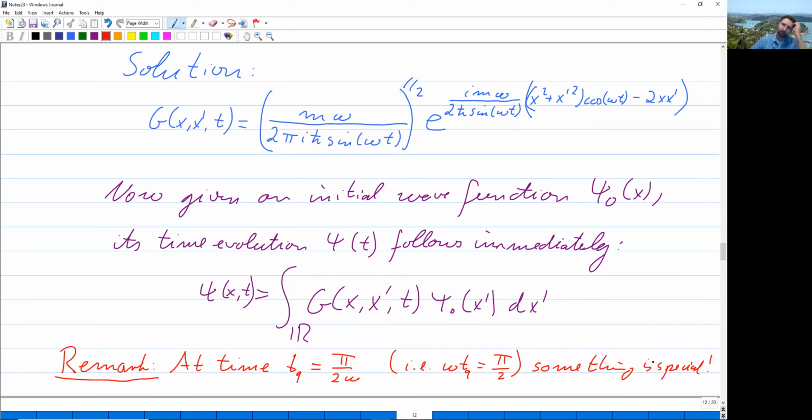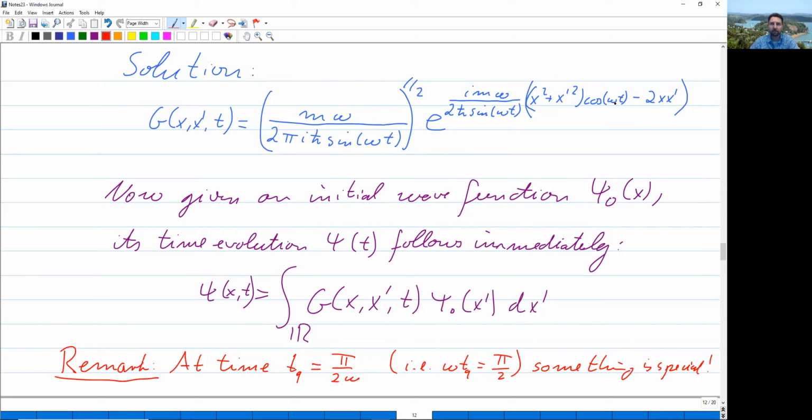What might that be? Let us look at our harmonic oscillator Green's function. What we see is that we have cosines of omega t and we have sines of omega t. Now, when omega t is running from 0 to 2 pi, then we have a full oscillation of the harmonic oscillator, right?